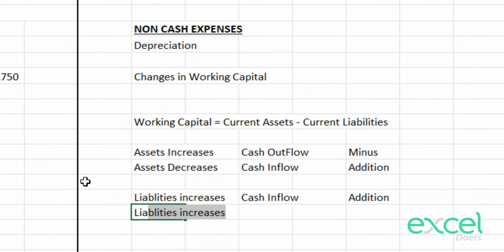But if liability decreases, right, it means you are settling your borrowed money. Whatever money you have borrowed, now you are settling it. That means the cash is going out from your pocket, so you will deduct from your cash. So cash outflows when liabilities decrease, so in that case you will minus the cash flow, right?